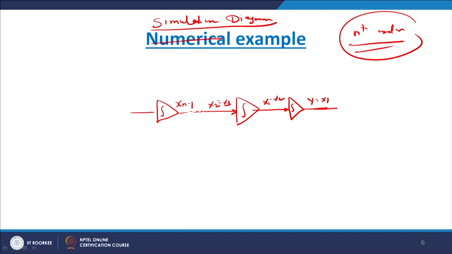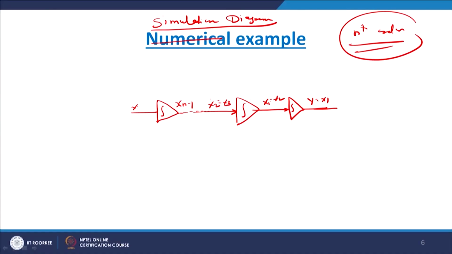When x of n minus 1 dot is integrated, we get x of n minus 1. Therefore, we write x of n minus 1 dot equals xn, and now we require another integrator here, with input xn dot, and now xn dot we write like this.